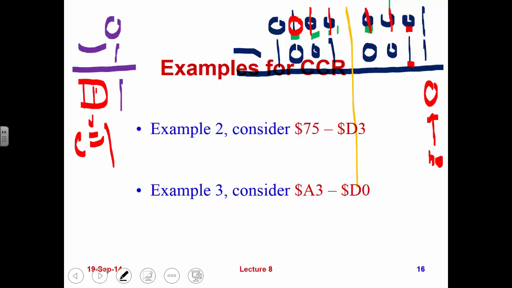And also this bit is also 1. Okay? Yeah, like we see here.